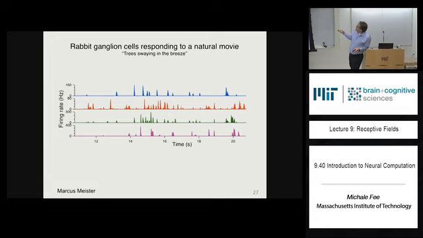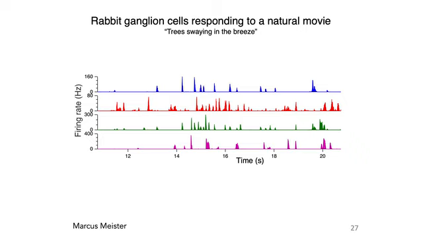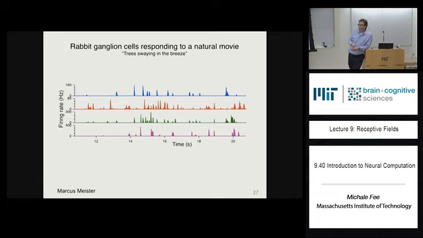of the activity of a bunch of different neurons to a movie being played to this piece of retina in the dish. And that's just literally a movie from a forest with trees swaying around in the breeze. Okay? So you have all these different neurons, and you can see that each neuron responds to a different feature of that movie, right?